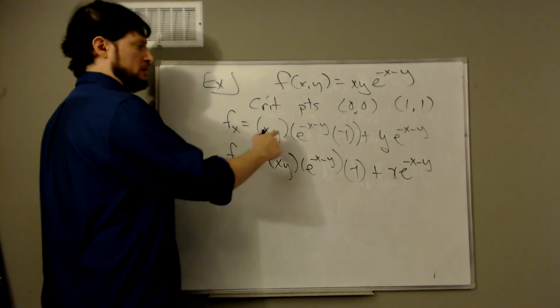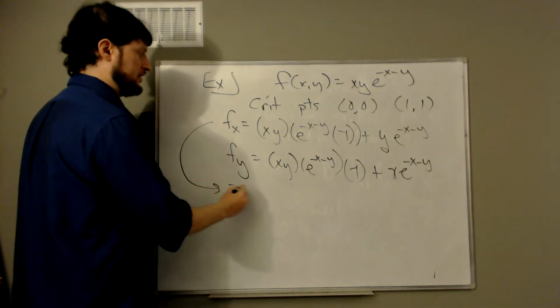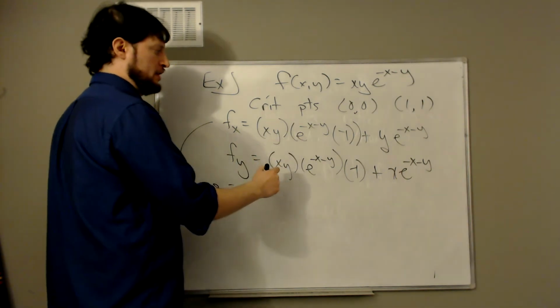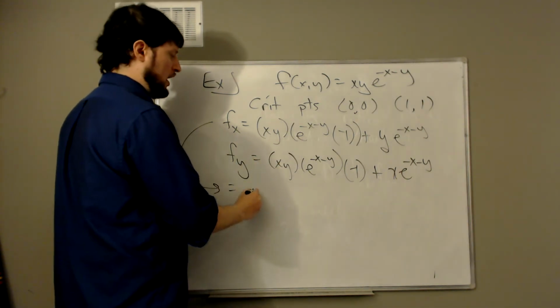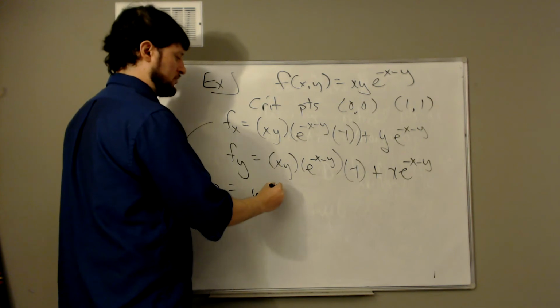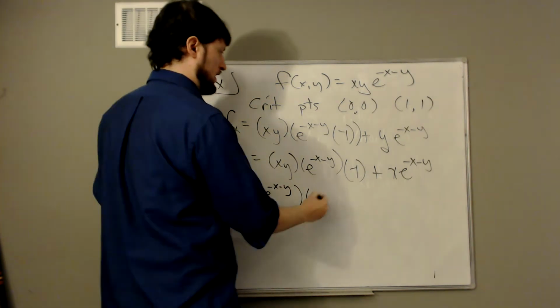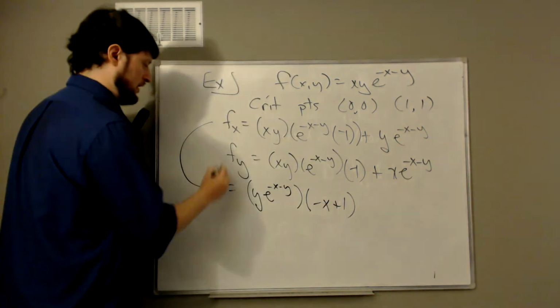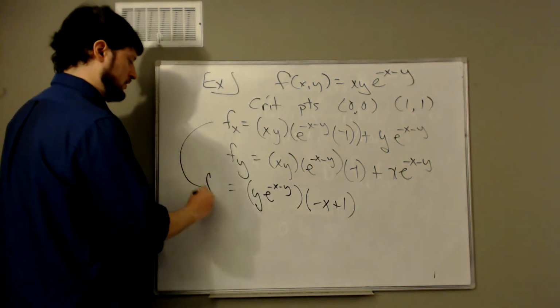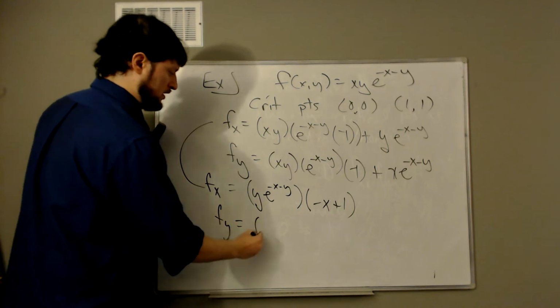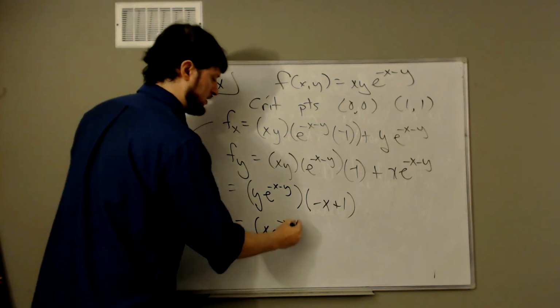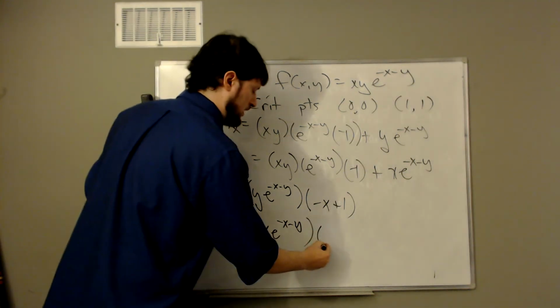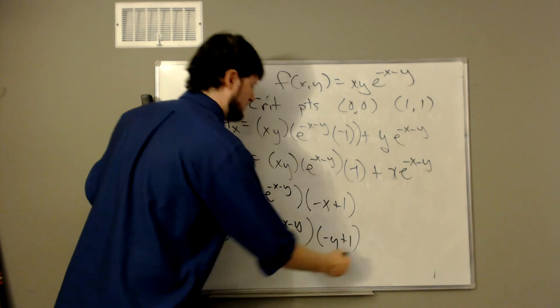Let's actually simplify these. I can factor out our y e to the minus x minus y, and then I get negative x plus 1. And f sub y is x e to the minus x minus y times minus y plus 1.